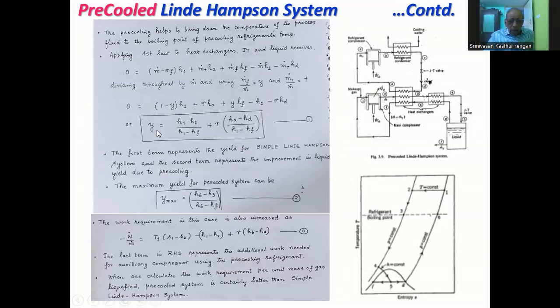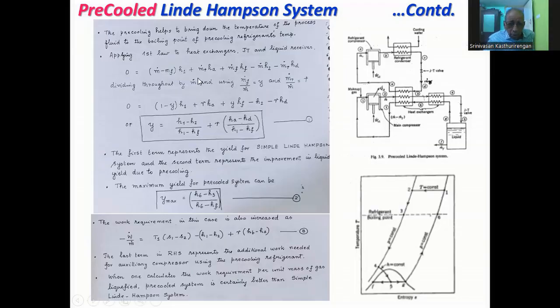Now we can apply the first law to the Joule-Thomson valve, liquid receiver, and the heat exchangers. The first heat exchanger, Joule-Thomson valve, liquid receiver, etc. If you do that, the left-hand side, Q dot minus W dot, is 0.